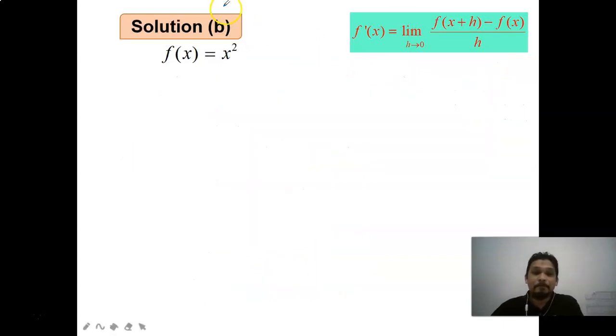Then next, f(x) equal to x squared. So in our mind, the final answer should be f prime x equal to 2x.